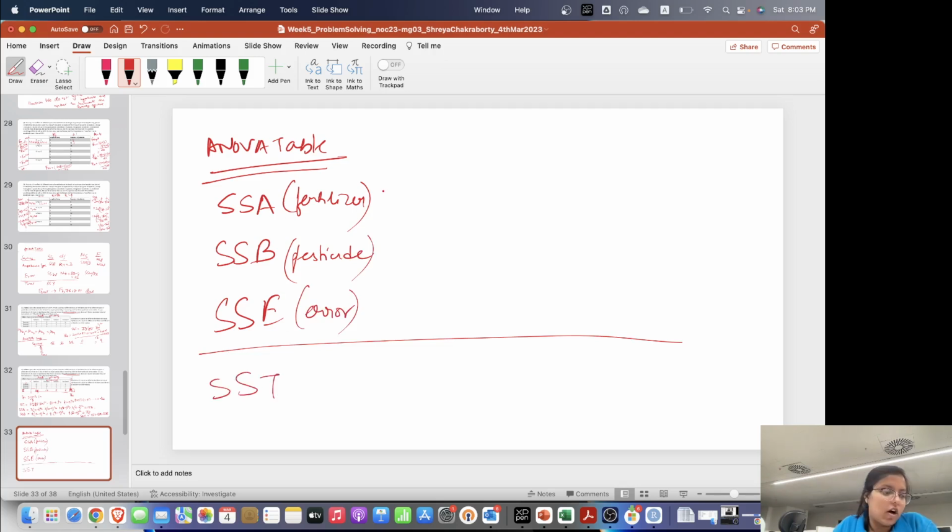So, this one we got it to be something around 156. This one was 72. This one was 266. So, if we add these and subtract from here, we will get it to be something around 38. Now, the next thing is degrees of freedom.